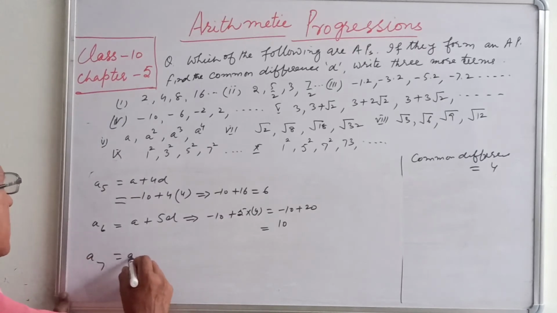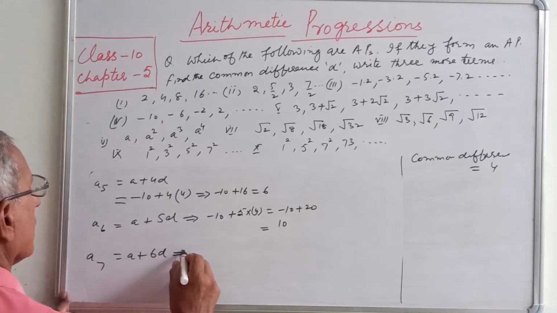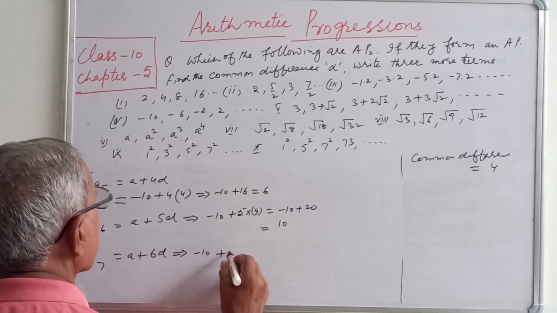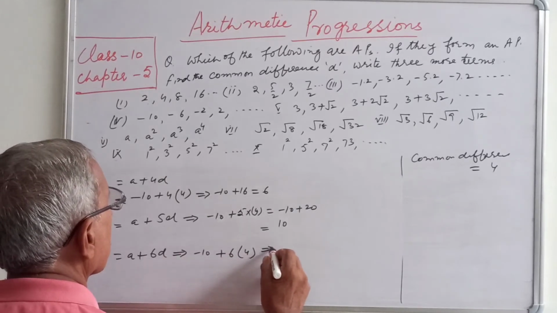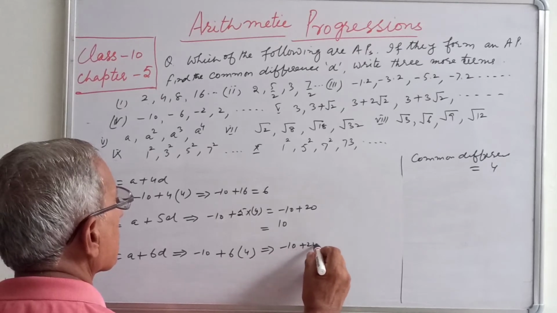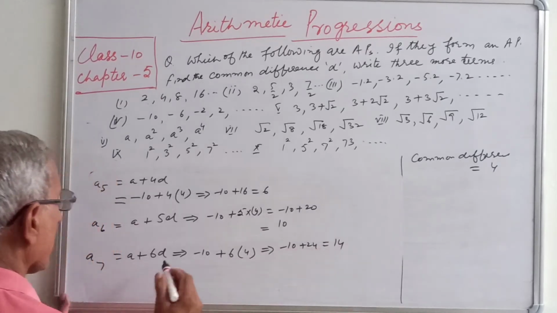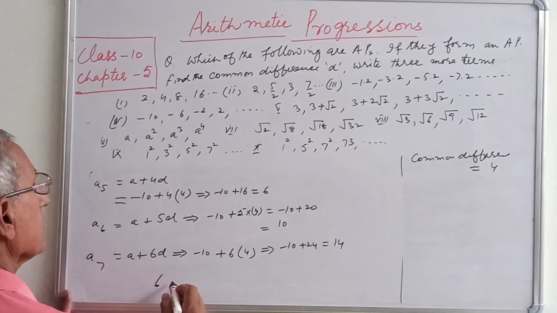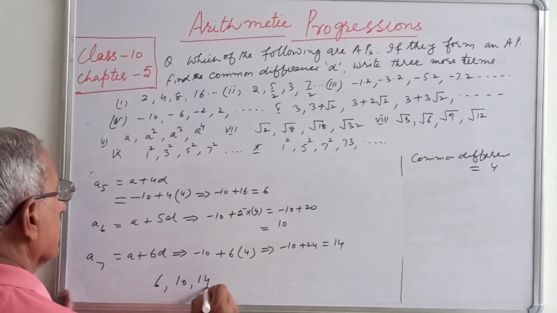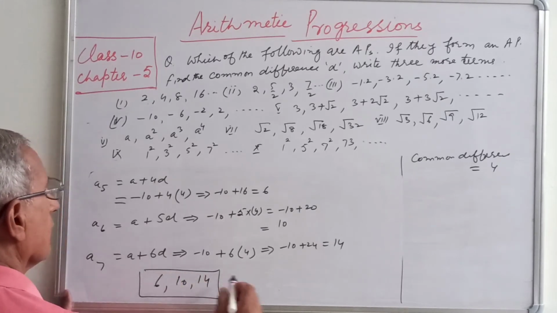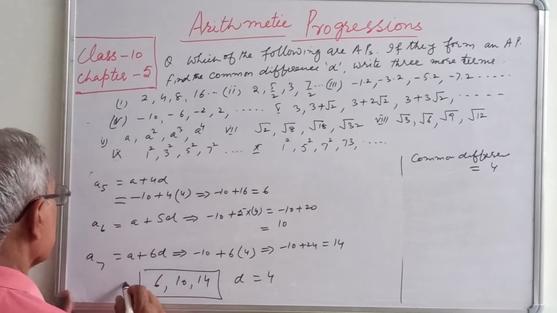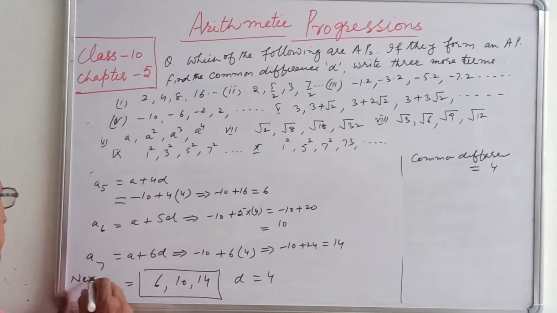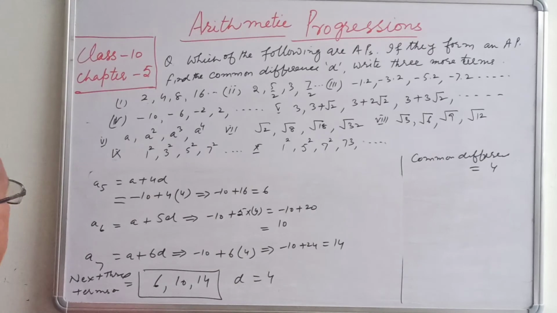A7, A plus 6D: minus 10 plus 6 into 4, minus 10 plus 24, that is 14. The next three terms are 6, 10 and 14, and D is 4. So the next three terms are 6, 10 and 14.